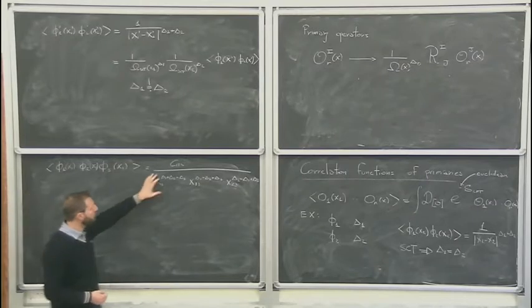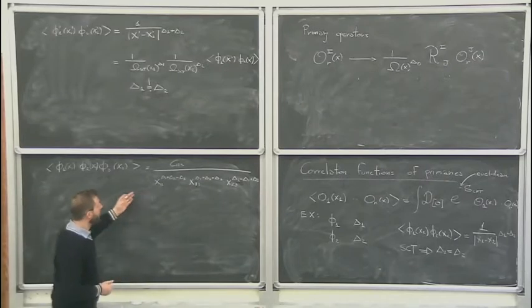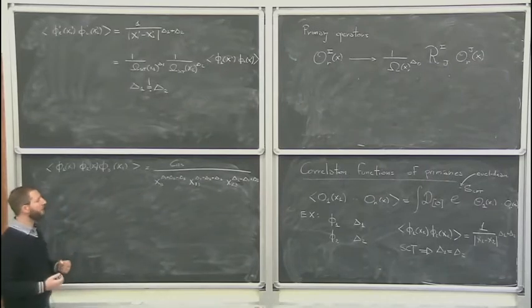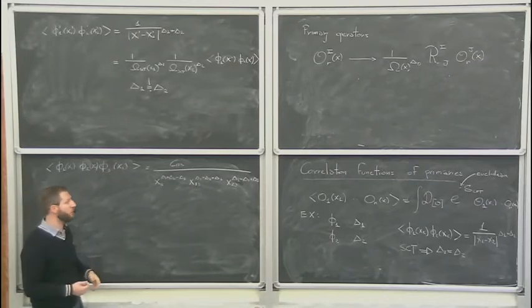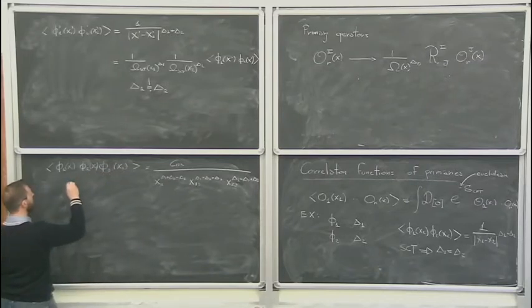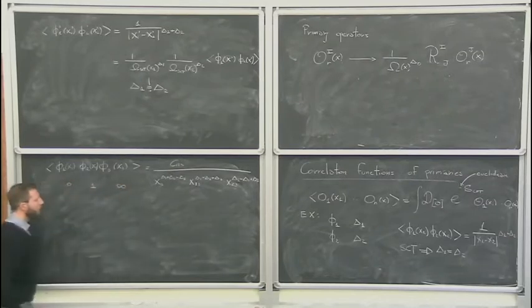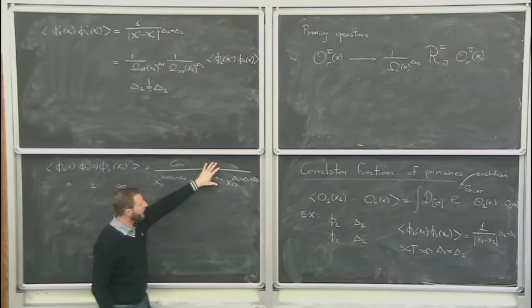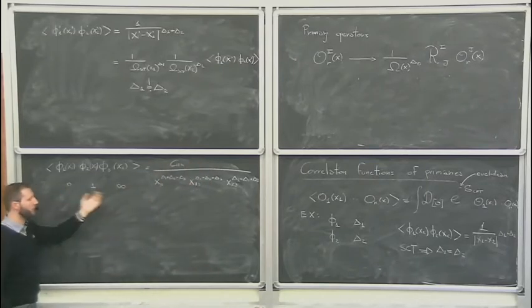So is this surprising? Well, it's not very surprising. And the reason is, if you remember what we said before, whenever you have three points, you can always fix their location using a conformal transformation. For instance, you can fix them to 0, 1, and infinity, which means that whatever you find on the other side cannot depend on the coordinates anymore because there is no freedom.